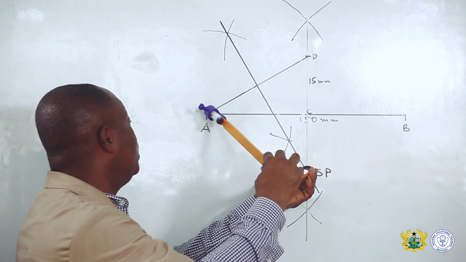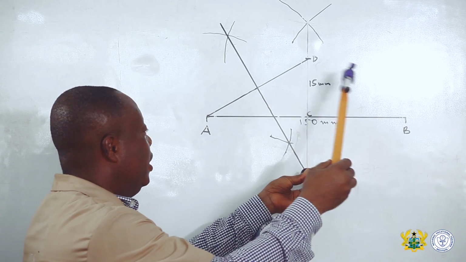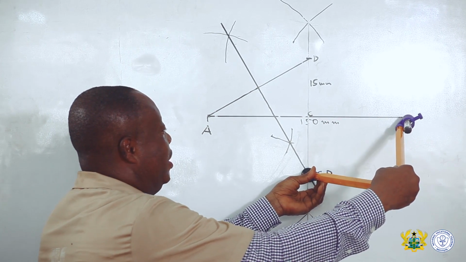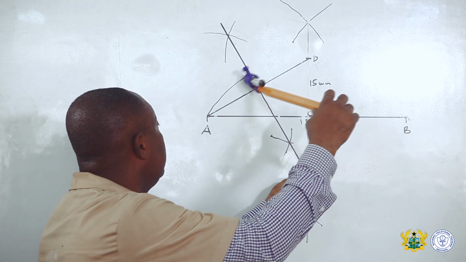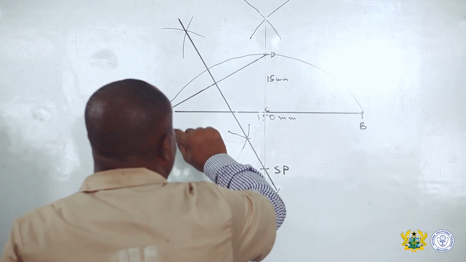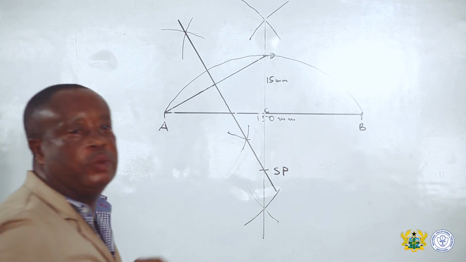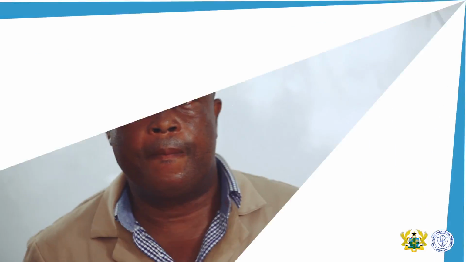You step on SP, you open your compass to A, and this must also meet at B. The first arc that we have introduced is called the intrados of our arch construction.